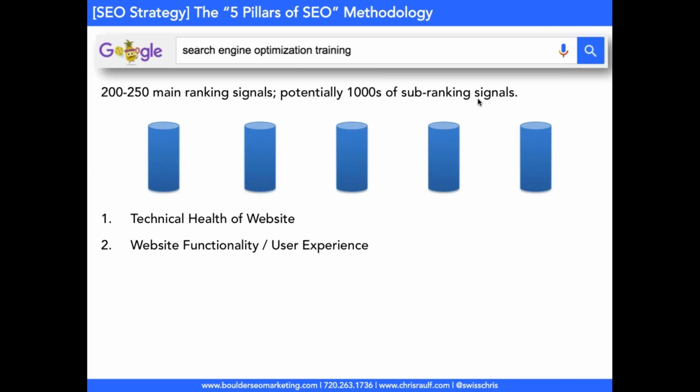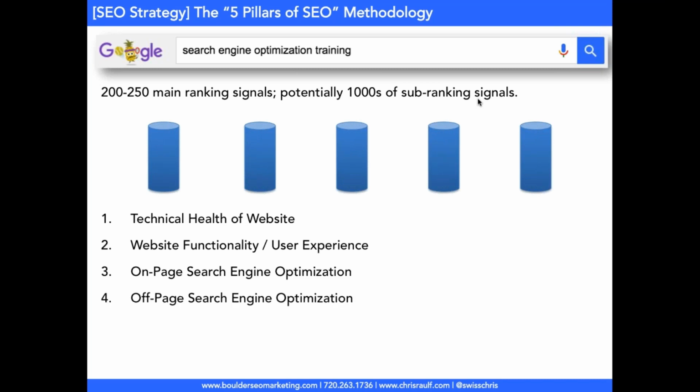It's basically the technical health of a website, the functionality of a website, the user experience is extremely important. Then on-page SEO, anything that happens on a website, starting with keyword research, meta tags optimization, hyperlinking, etc. Then off-page SEO, anything that happens outside of your website that tells Google that you're relevant for certain keywords and phrases.